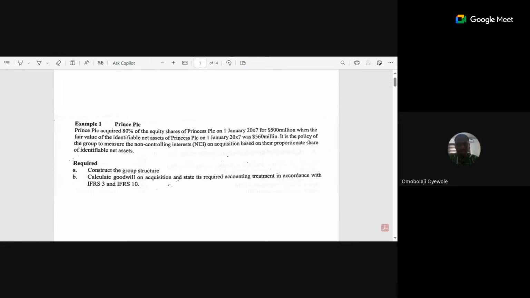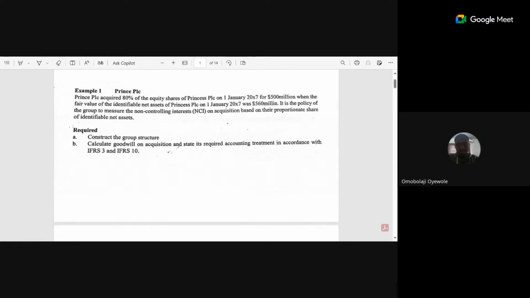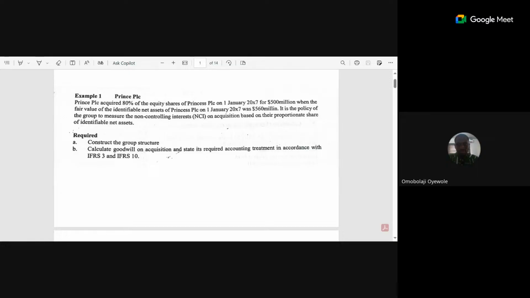It means we are measuring NCI based on the proportionate method. How many methods of NCI did we establish? Two. NCI is measured either at the proportionate method or using the fair value method. In this question, NCI is measured using the proportionate method. Required: A, construct the group structure, then B, calculate goodwill on acquisition, and state its required accounting treatment in accordance with IFRS 3 and IFRS 10.